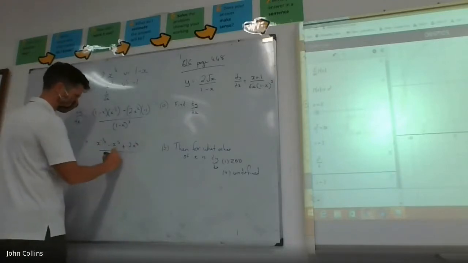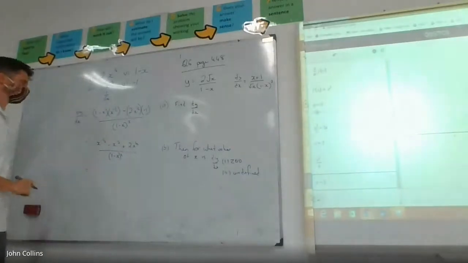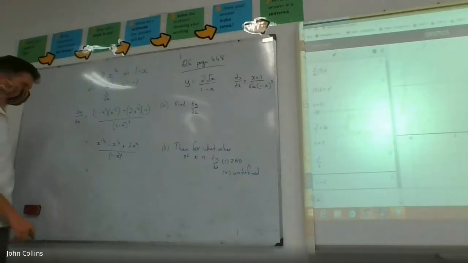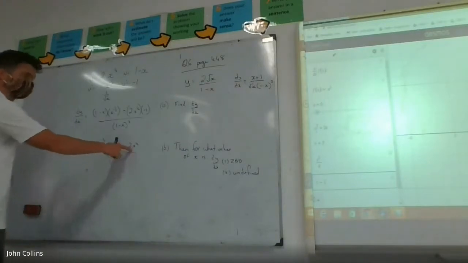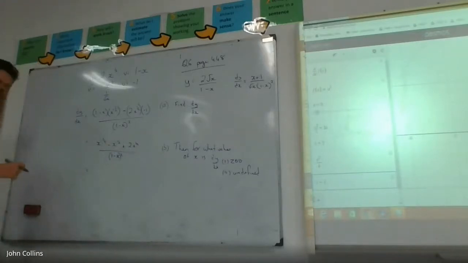Wait, is there still a denominator over that? Two of them cancel. So it's x to the negative a half, minus x, oh, so you've got to go plus 1 x to the half? You sure?